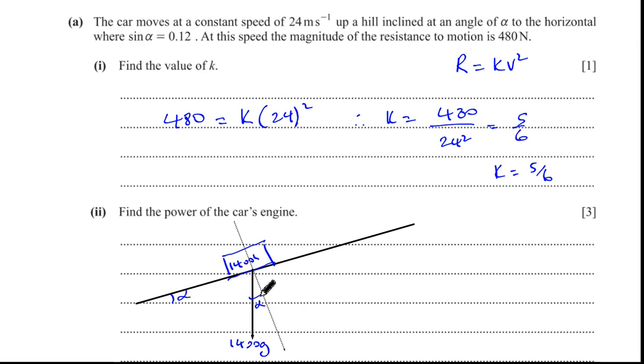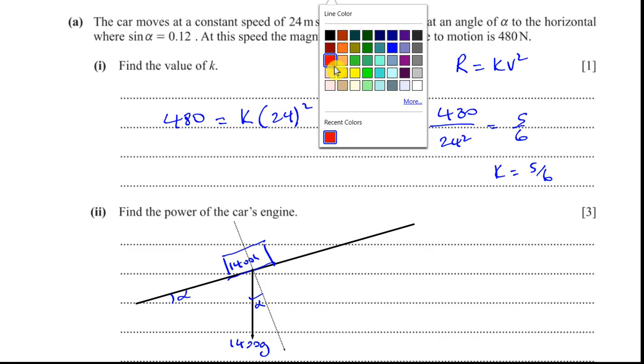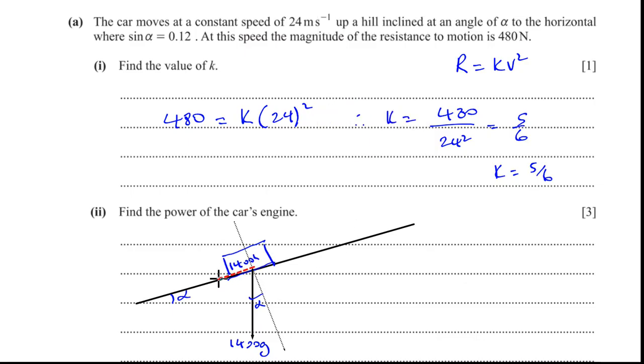That's due to similarity of these two little triangles. So the component of the weight acting down the plane, parallel to the plane, is 1400 g sine alpha.